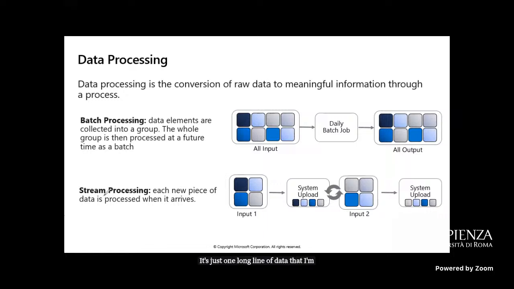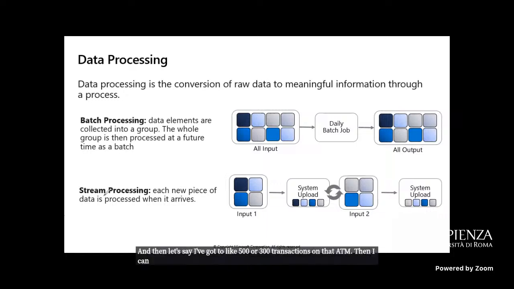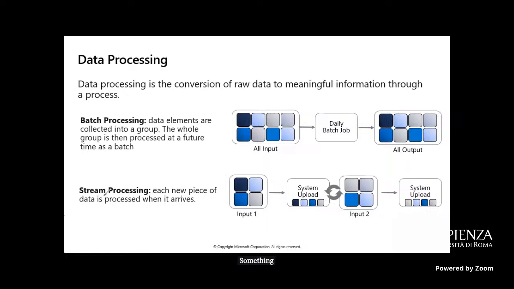But if I look at that data maybe after a day, and let's say I've gotten 300 or 500 transactions on that ATM, then I can begin to see something that makes sense in it. You understand?